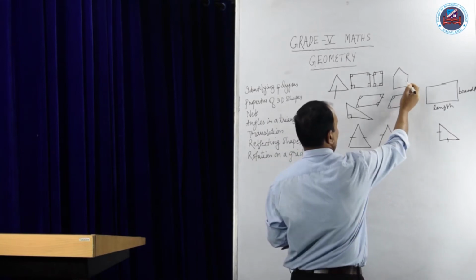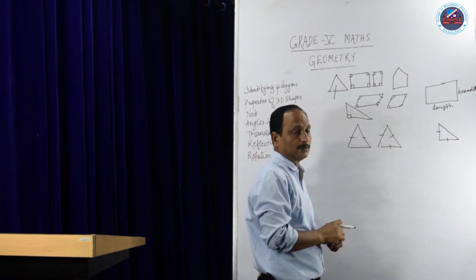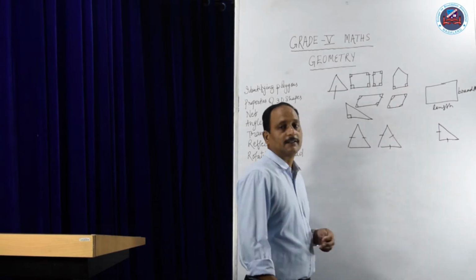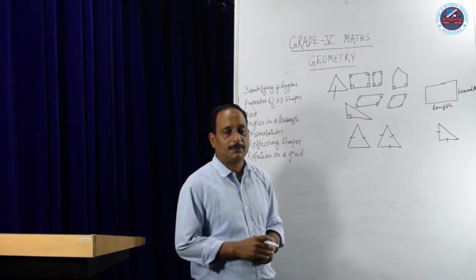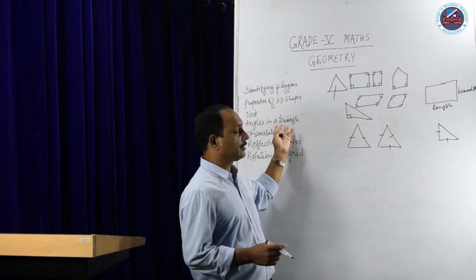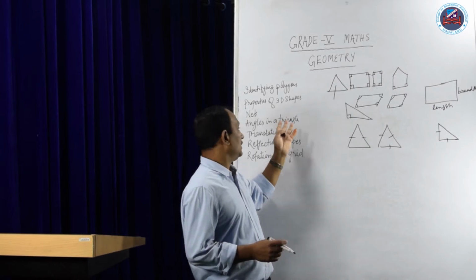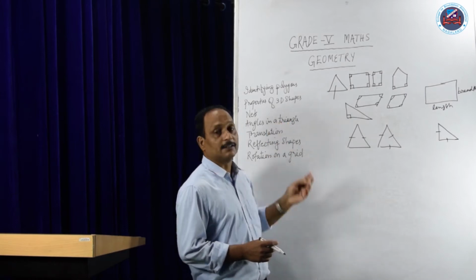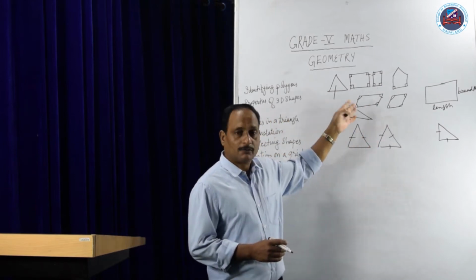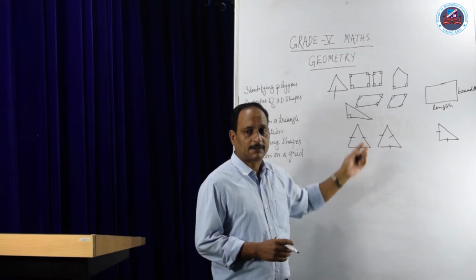Now suppose pentagon. If I am drawing a pentagon like this, here two of these angles are 90 degrees. We'll talk a little more when we discuss the subtopic angles in a triangle. For this, we'll take up only this much.